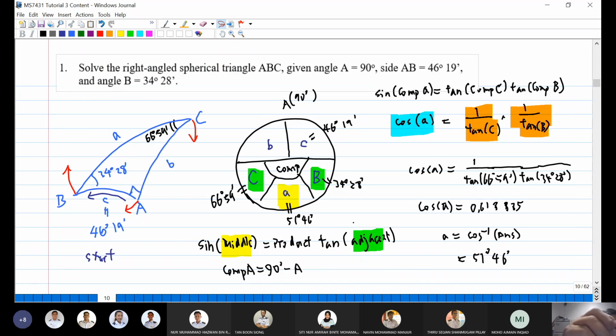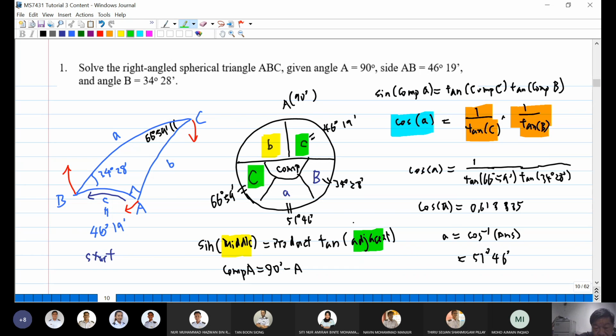So I'm going to use the same formula, but I want to make the middle part B now. So I use yellow here. And then I use the green part adjacent, this and this.